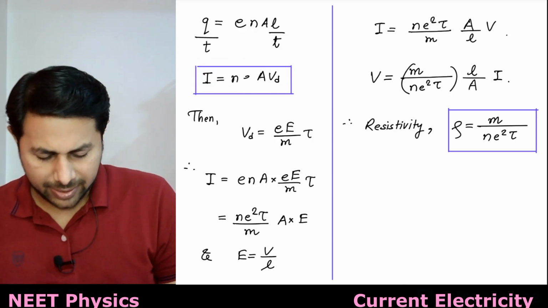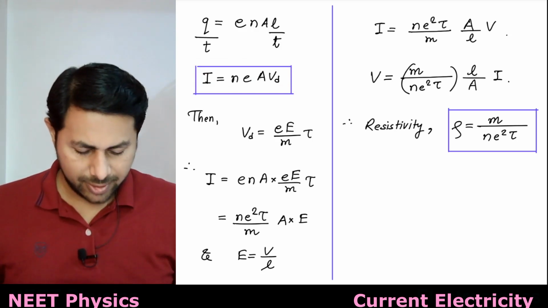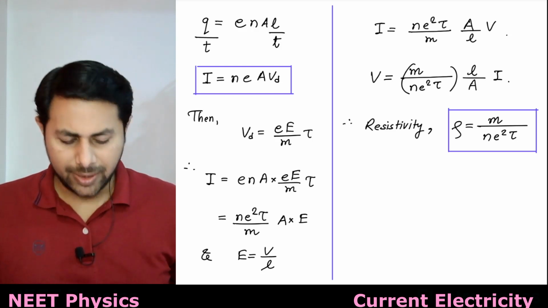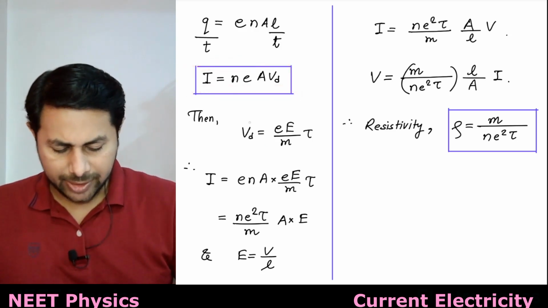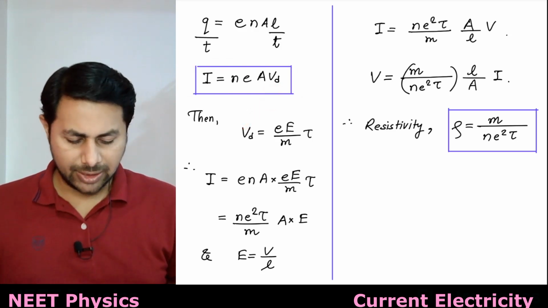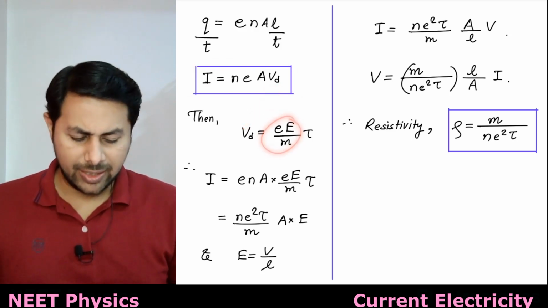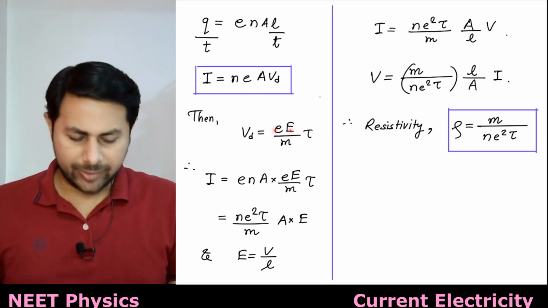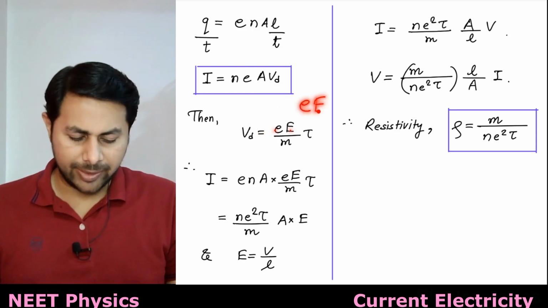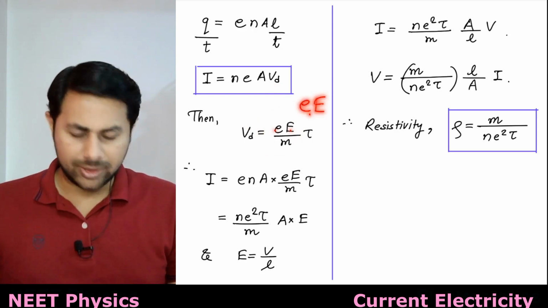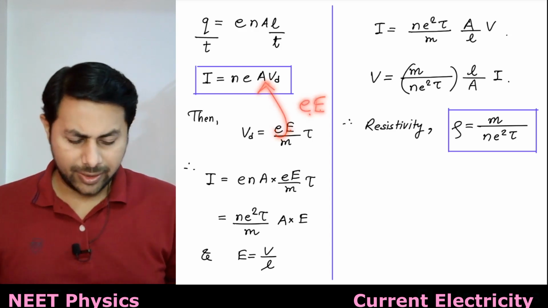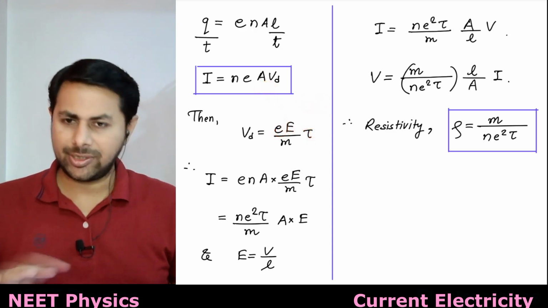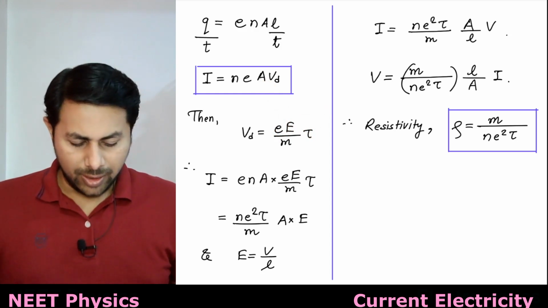Let me write it like this, neAVd. Let's remember this one. Then we can substitute Vd, I will just substitute the magnitude of this. Vd is eE by m, where lowercase e is the charge on the electron and E is the electric field, times tau. Then what do you get?